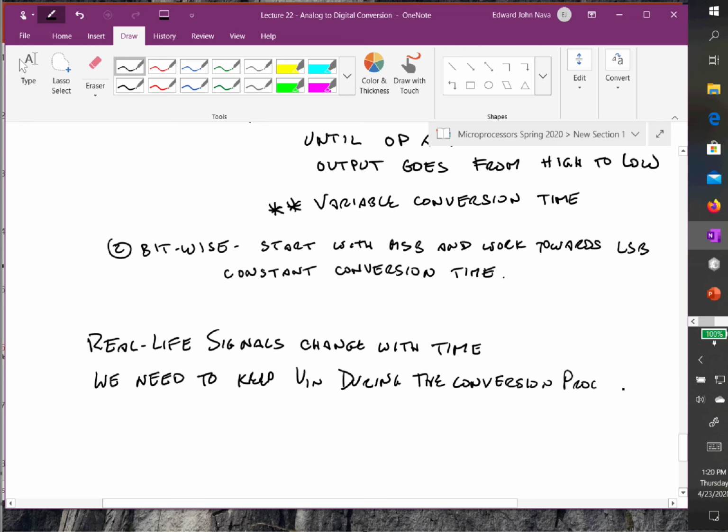The conversion process is kind of slow relative to some of the content of our signals. So what we do is we make a copy of the signal.